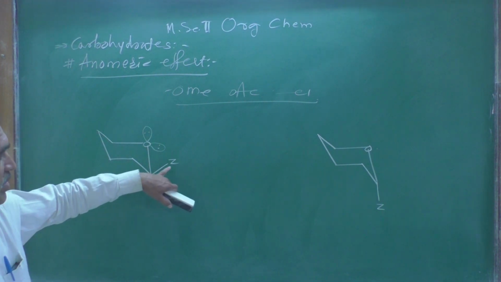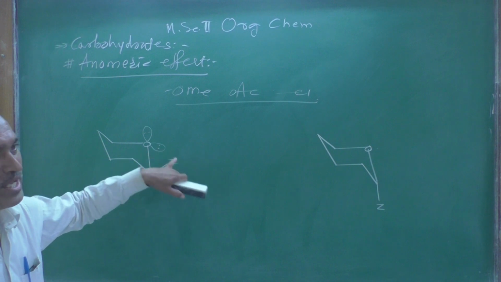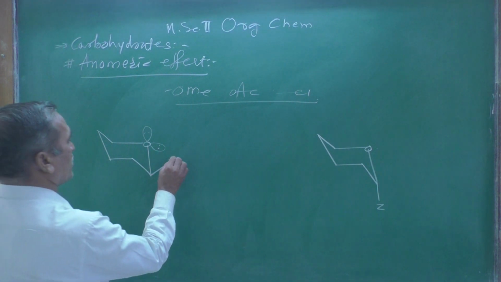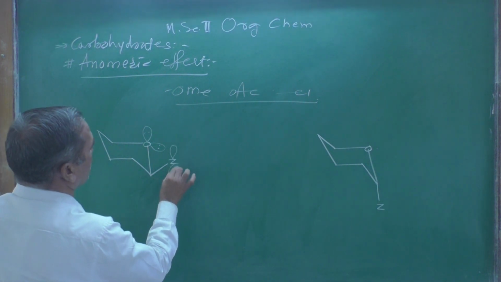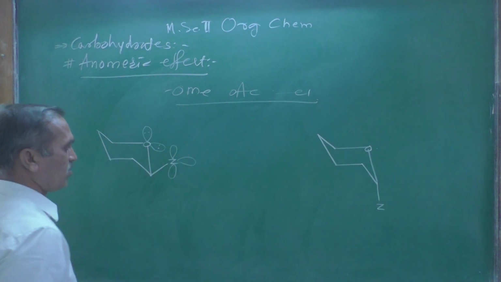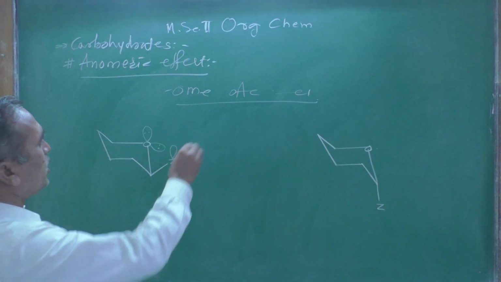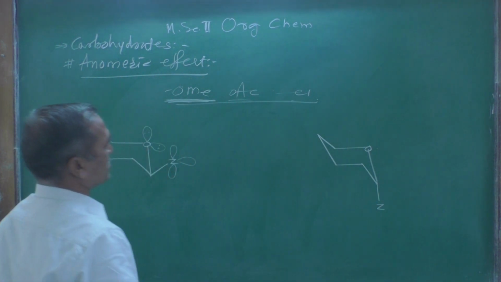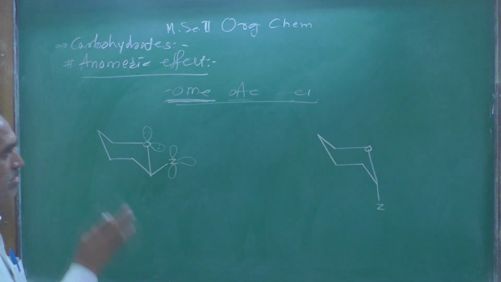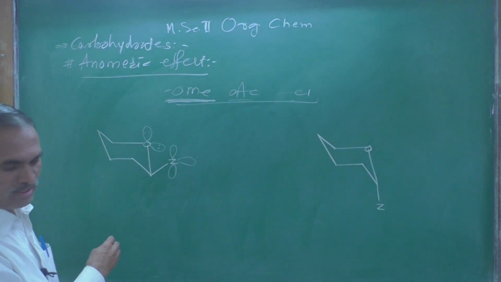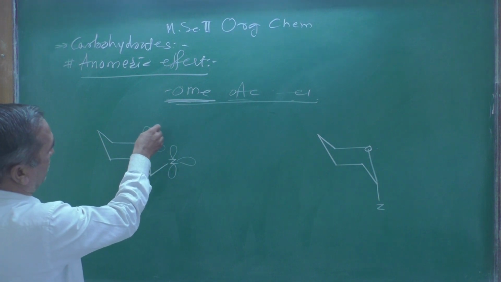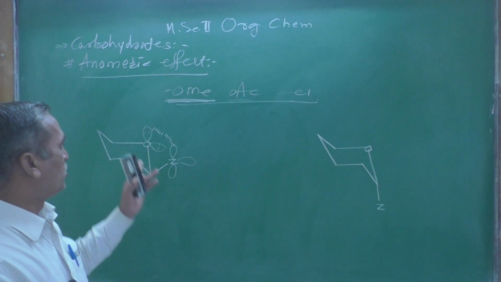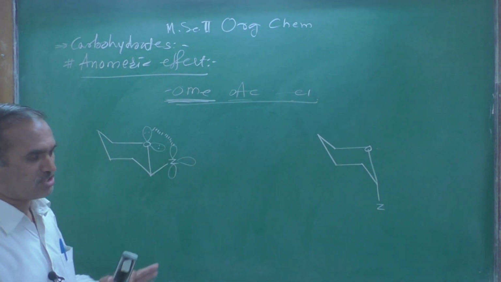Here, when the substituent is present at an equatorial position, the orbital I am showing like this. Any electrophilic or nucleophilic type of substituents present like this have the orbital lying like this, and when these orbitals interact, there is a lone pair interaction over there.